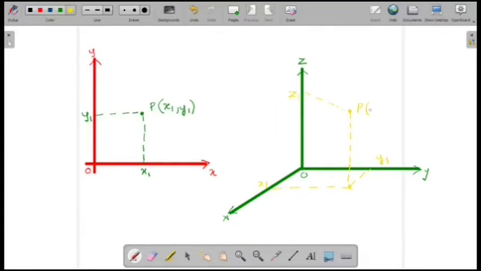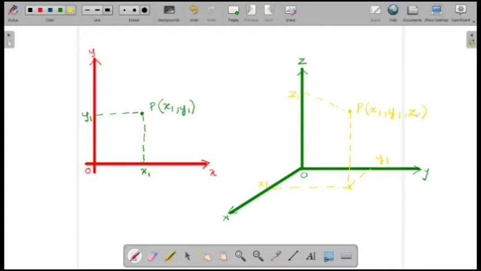So in order to define your point, I need x1, I need y1, and I need z1. I need three parameters, one along x, one along y, and the other along z, to define a point. So what we have done now is we have defined a point in a Cartesian coordinate system.